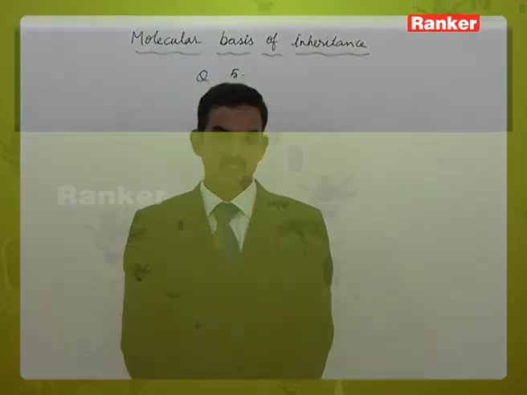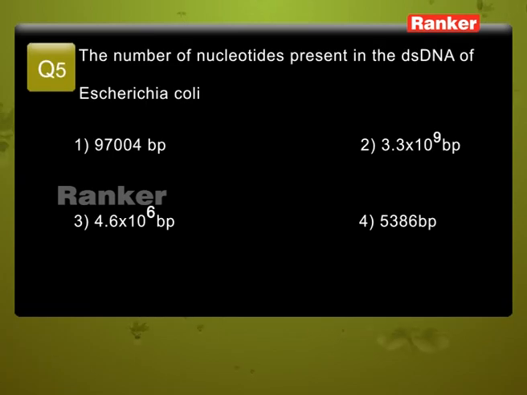Question number 5. The number of nucleotides present in the double stranded DNA of Escherichia coli. Options: 1. 97,004 base pairs. 2. 3.3 into 10 to the power of 9 base pairs. 3. 4.6 into 10 to the power of 6 base pairs. 4. 5386 base pairs.